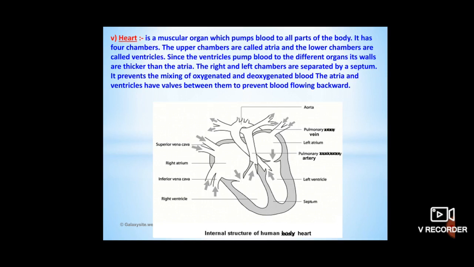The atria receive the oxygenated blood and deoxygenated blood from all the parts of the body. For example, the left atrium receives the oxygenated blood from the lungs to the heart.